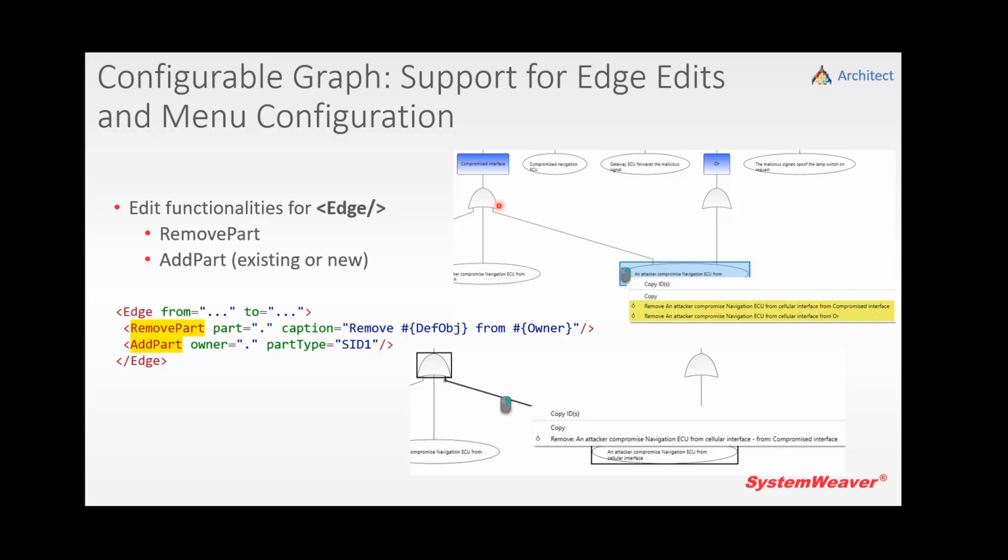So it would be this part. And the second option would be if I wanted to remove it from OR. So you had to make your selection here, and you can still do that going forward. But what we've implemented is that if you configure it correctly, the user can right-click on the edge itself, and it's very clear what part they're removing, and they just make their selection.